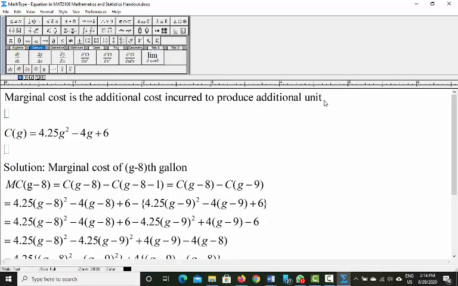For example, the total cost of producing, so C is the cost function. C is the total cost function.